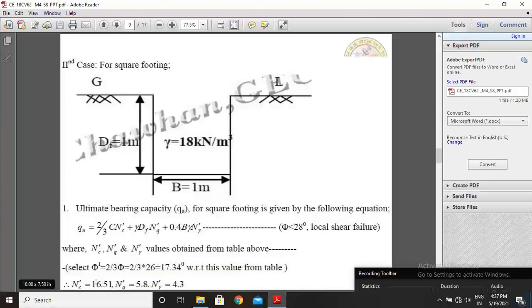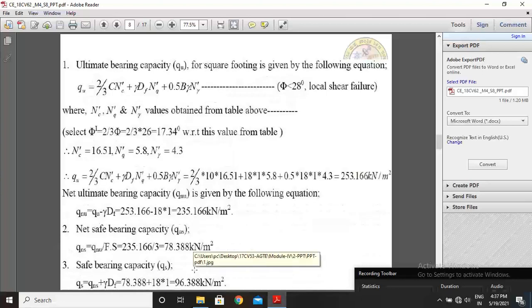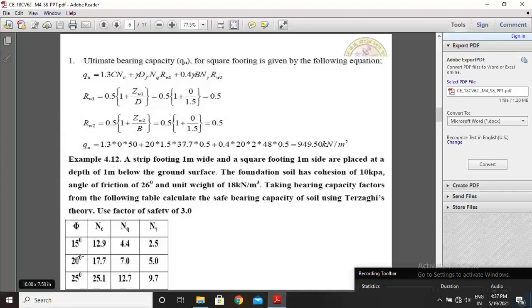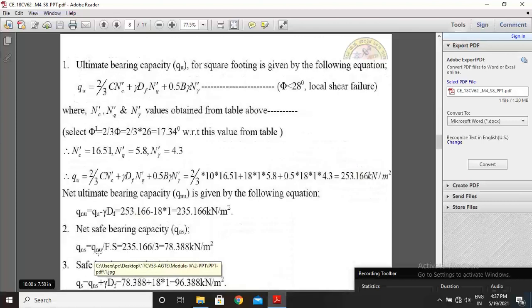Select phi dash equal to 2/3 phi, means 2/3 of 26, we are getting 17.34 degree. With respect to this value from the table, we select NC dash equal to 16.51, NQ dash equal to 5.8 and N gamma dash equal to 4.3. Here 15 and 20, our value is in between, so you select the value or interpolate.